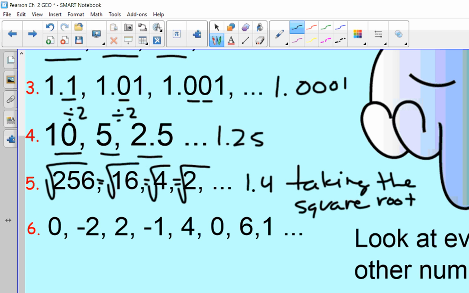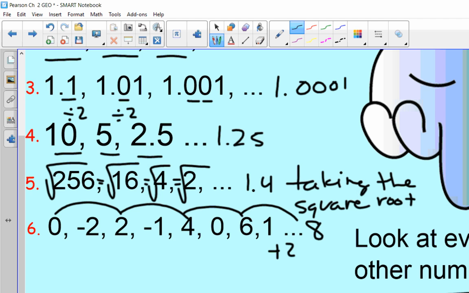All right. This one's a little bit tougher. We gave you kind of a clue here. Look at every other number on 6. So if I look here, every other number, what am I doing? Well, it looks like I'm adding 2. So if I add 2 to that, I should get 8.